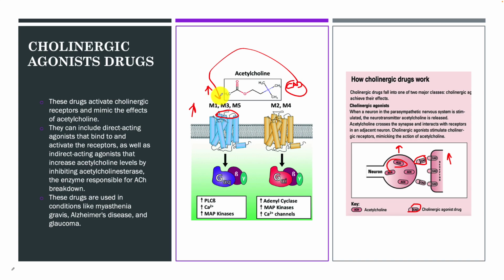I'm going on this side because the M1, M3, and M5 are different types of G-coupled protein receptors, and the M2 and the M4 are another family of receptors. If we activate this one, we can increase adenylate cyclase, we can increase MAP kinase, we can increase calcium channels opening. They do different things, and you'll probably be seeing that while you're reading your papers.